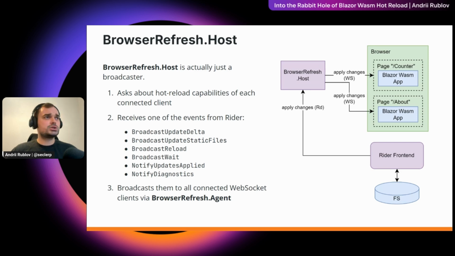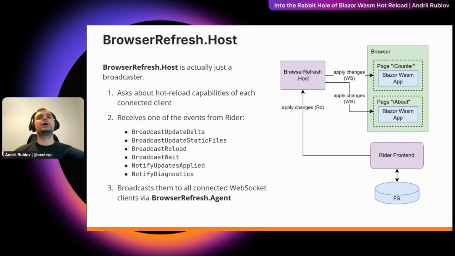Also, one of the responsibilities is receiving the commands from the Rider frontend through the RD protocol, validating and relaying these commands, broadcasting them to the connected clients via WebSockets. We can say that Browser Refresh Host is kind of a facade over the connected clients and a kind of hub for them. The clients in turn return almost no information except for possible diagnostics in case of a change application error, for example.